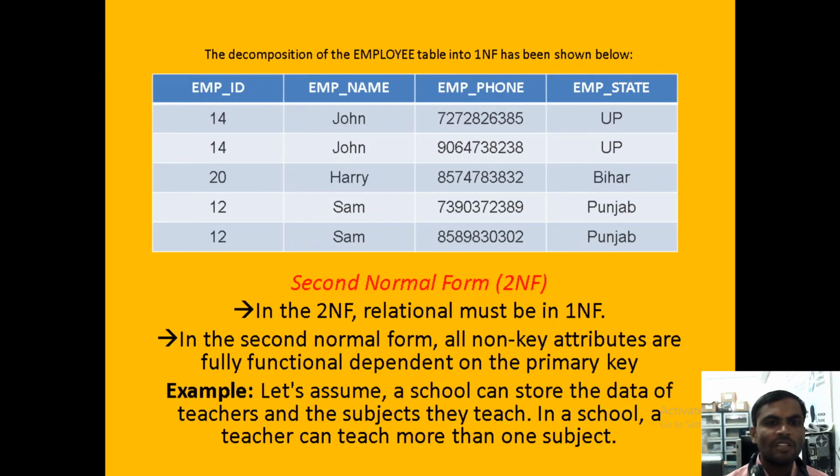Now if you want to convert to the first normal form, we decompose the employee table, splitting it into the first normal form as given below: employee ID, employee name, employee phone number, employee state. Now the employee phone number we are declaring as a primary key.